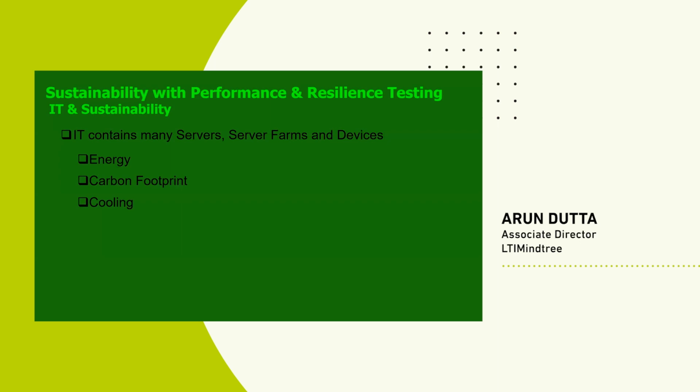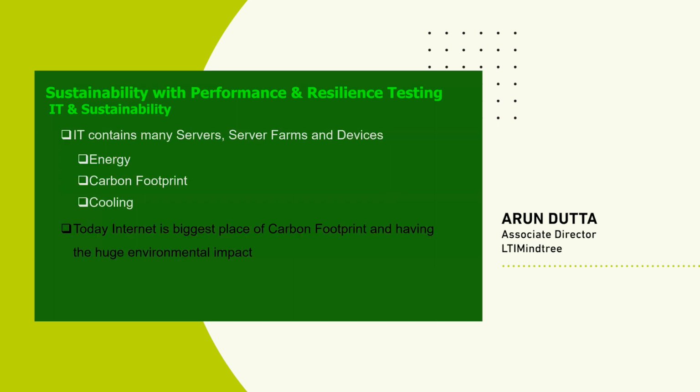To power the servers, server farms or devices, it needs energy, and that has a carbon footprint, and they need an extra amount of energy to cool those machines or equipment, right? All these three lead to bad sustainability, and that is why we need to think about sustainability. And today the internet is the biggest place of carbon footprint, and it has a huge environmental impact, right?